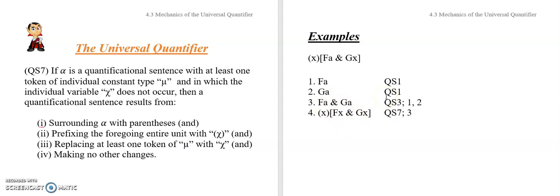Another question I often get is, could I have built it this way? Could I have put the b here? And if I had the b there, could I have done that? And yes, you absolutely could do that, but then you could not replace both, because you have different individual constant types here. So you can replace as many individual constant tokens of the same type as you like, but you can't do it across different types of individual constants.